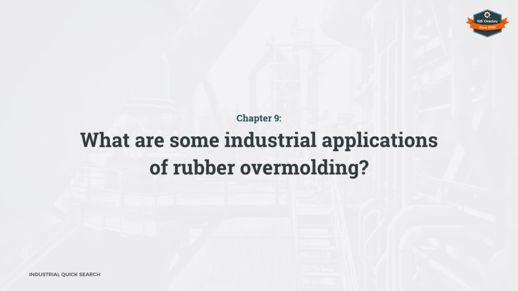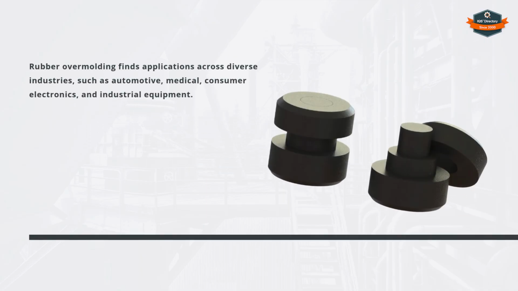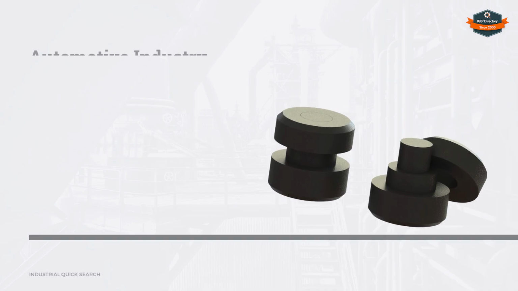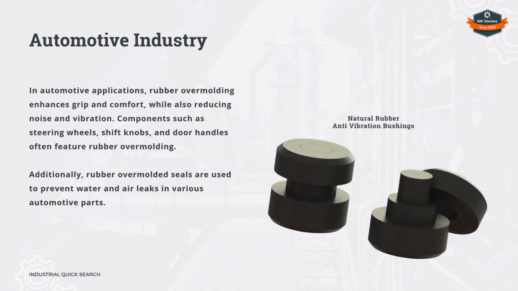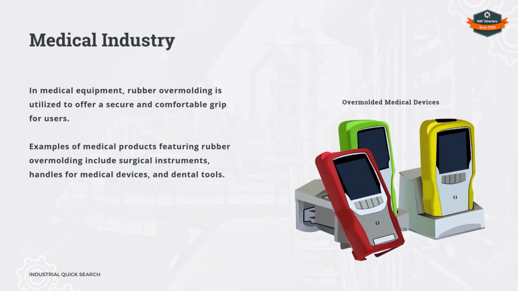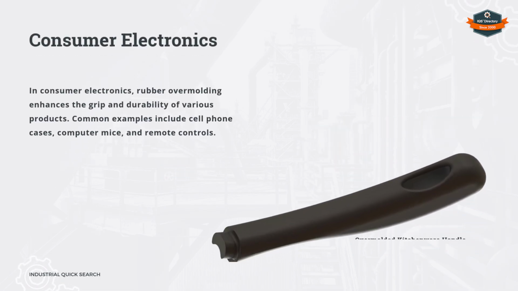Chapter 9. What are some industrial applications of rubber overmolding? Automotive industry. Medical industry. Consumer electronics.